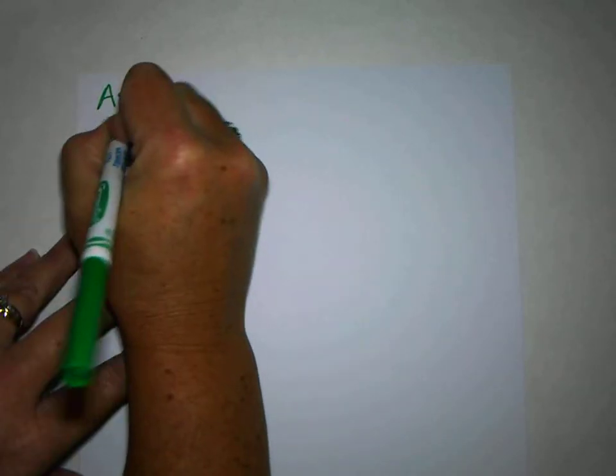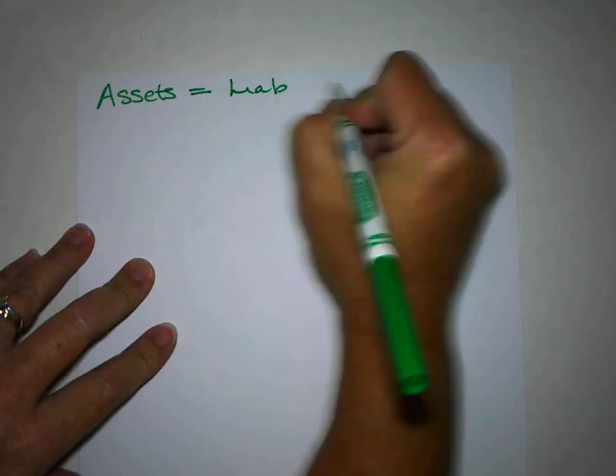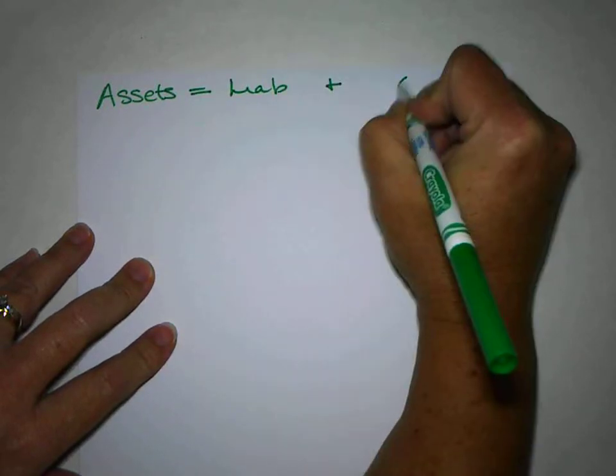All right. Now I've got another clean sheet of paper, go on portrait, because we need the whole length to be able to get all these notes down. At the top, we're going to start again with assets equals liabilities plus owner's equity.